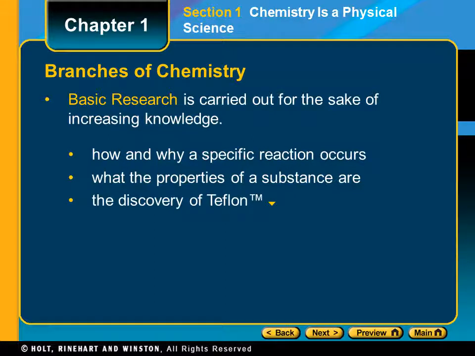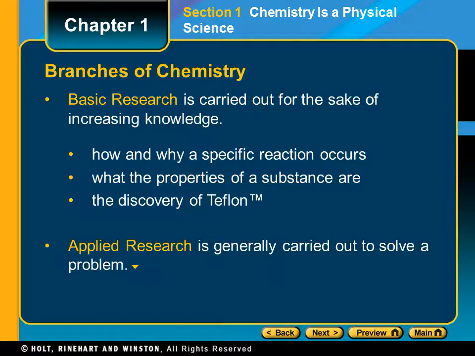The discovery of Teflon would be an example of basic research. Okay, having this new substance, figuring out reactions and how these reactions create it and what the properties are, and so on and so forth. Applied research is very different.